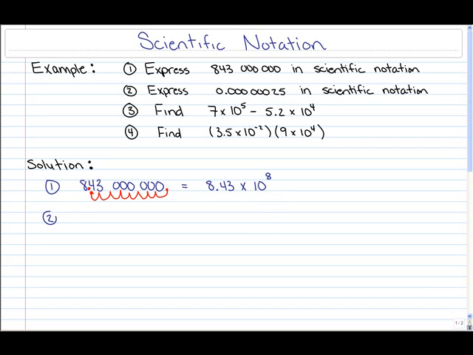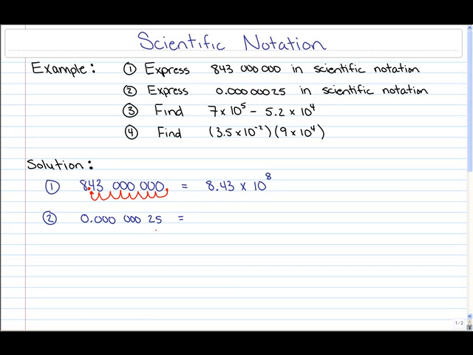Now for question number 2, it's a little bit different. You have a very small number as opposed to a very large number. The number in question number 2 is written here. What we want to do is the same thing. We need to write this number as a product of some number between 1 and 10 and an integer power of 10.